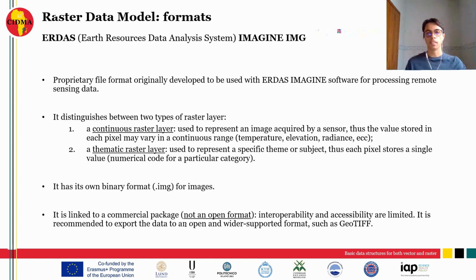In the first case, the value stored in each pixel may vary in a continuous range because it can represent, for example, temperature, elevation, or radiance. In the second case, the pixel stores a single value, that is a numerical code corresponding to a particular category.